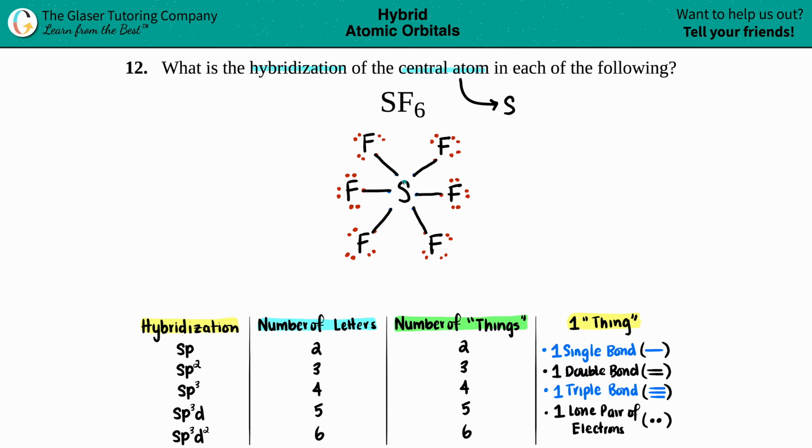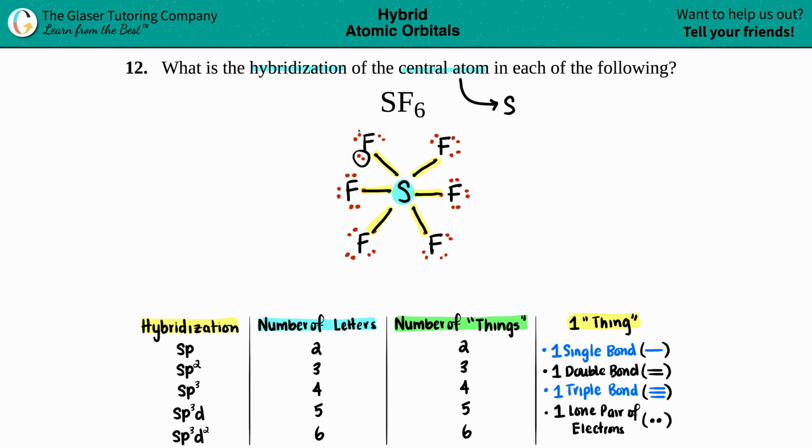So we're going to be analyzing what sulfur has. Sulfur has 1 single bond, that's one thing. Another single bond here, that's 2 things. It's got this other single bond, that's 3 things. Another single bond, that's 4 things. Another single bond, that's 5 things, and another single bond, that's 6 things.